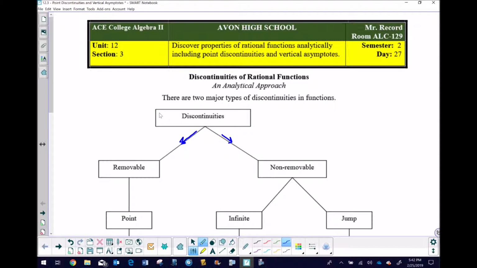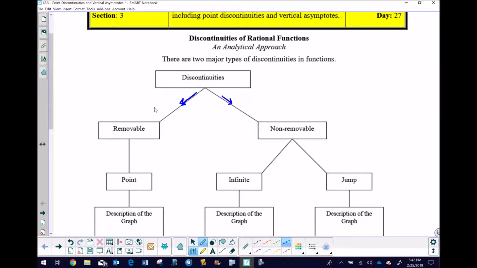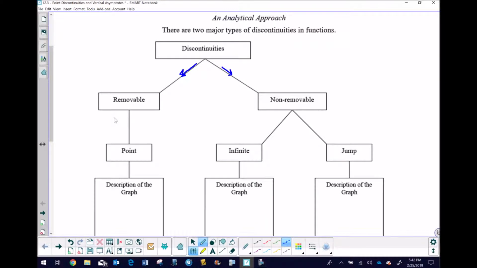The removable discontinuity really only comes in one classification, and that's referred to as a point discontinuity, whereas the non-removable discontinuity has two subdivisions: an infinite discontinuity and what's generally, informally referred to as a jump discontinuity. We will see quite a few graphs of these.